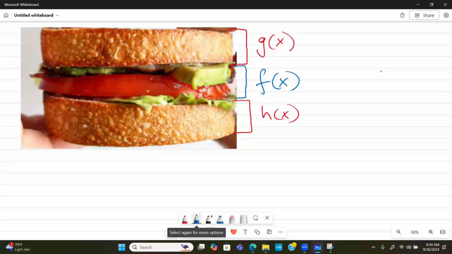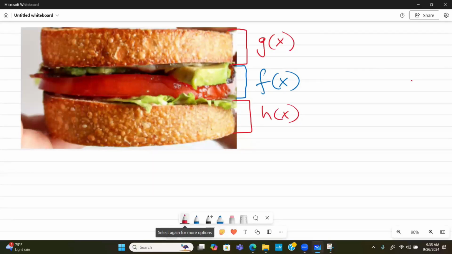So here we have three layers, but the one in blue, which is the f function, was actually squeezed between the other two, right?